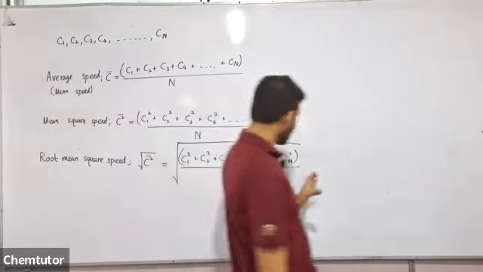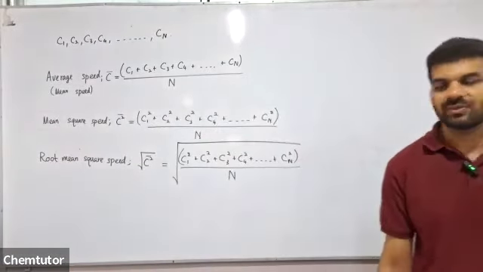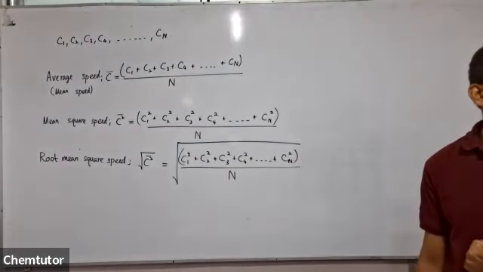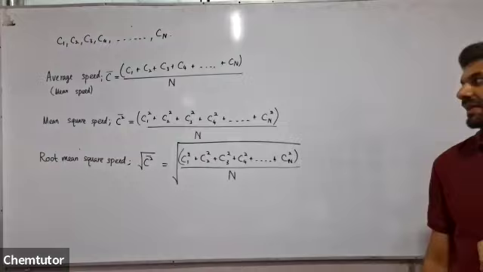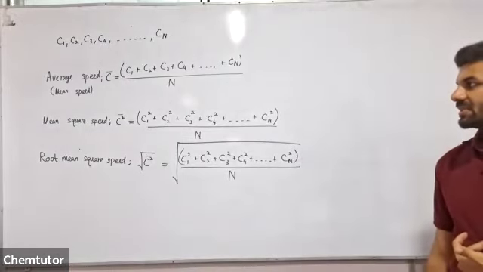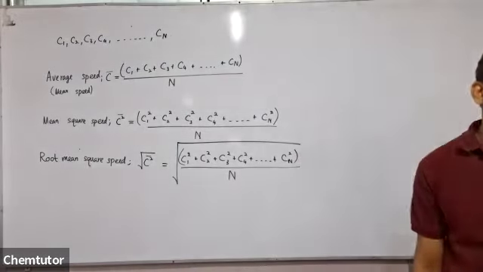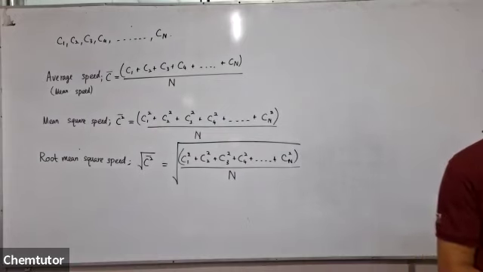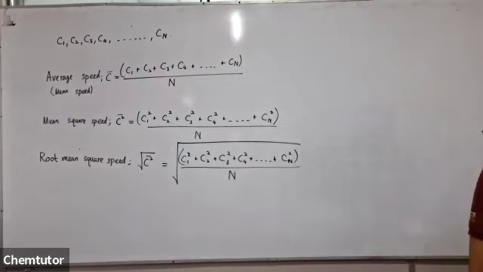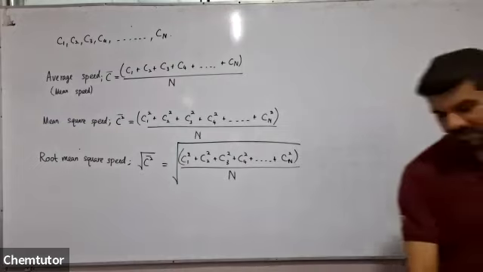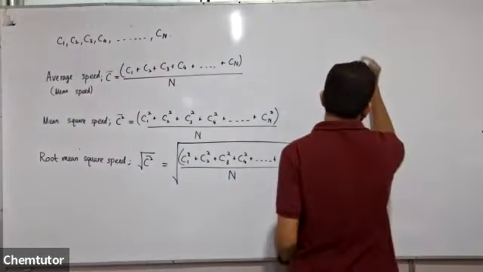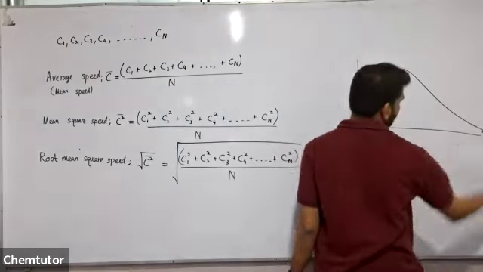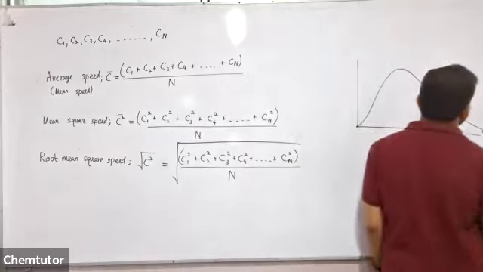Since you have got an idea about the root mean square speed, mean square speed and average speed: that is a mathematical thing, meant to minimize the amount of errors that will take place. Take the average.